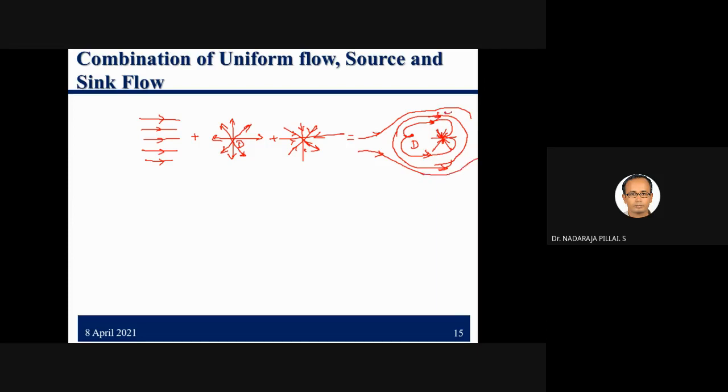So here you have a streamline, stream function psi is equal to constant throughout, right? So this superposition of uniform flow, source flow, and a sink flow will form an oval shaped design called a Rankine oval.